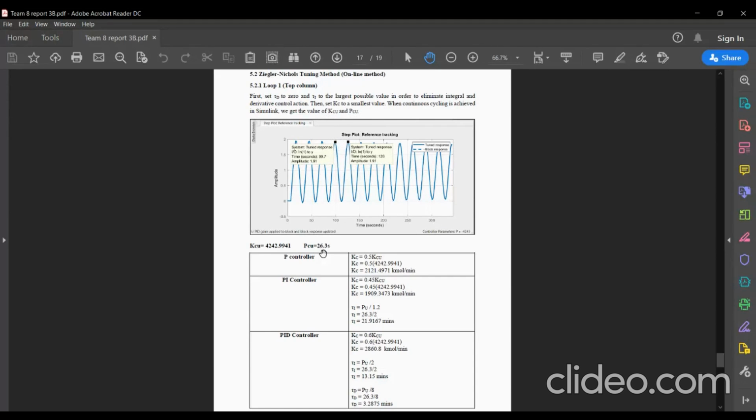Then we substitute the KCU and PCU into the respective controller using the formula given. So we can find Kc for the P controller, Kc and tau I for the PI controller, and Kc, tau I, and tau D for the PID controller.